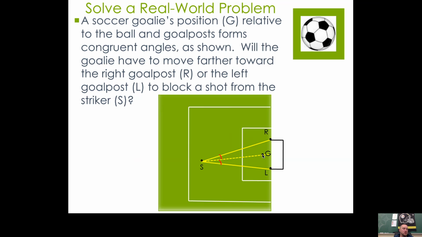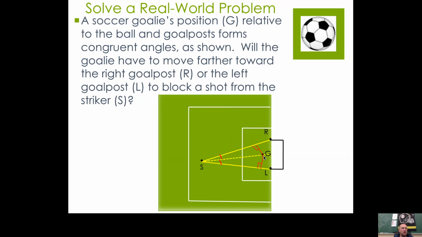Well, if the goalie's doing this right, the goalie's not going to move to the goalposts. What the goalie's going to do is move perpendicular into the path of the shot. So the goalie wants to move this way, not this way. It's quicker to get into the path of the shot this way than it is to go that way. Same thing to defend a shot going this way. You better form a right angle with the line of the shot. So you want to move this way, not this way.